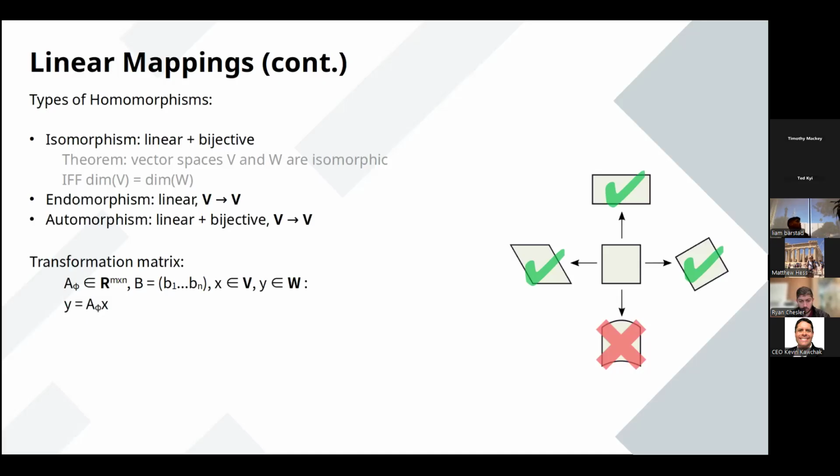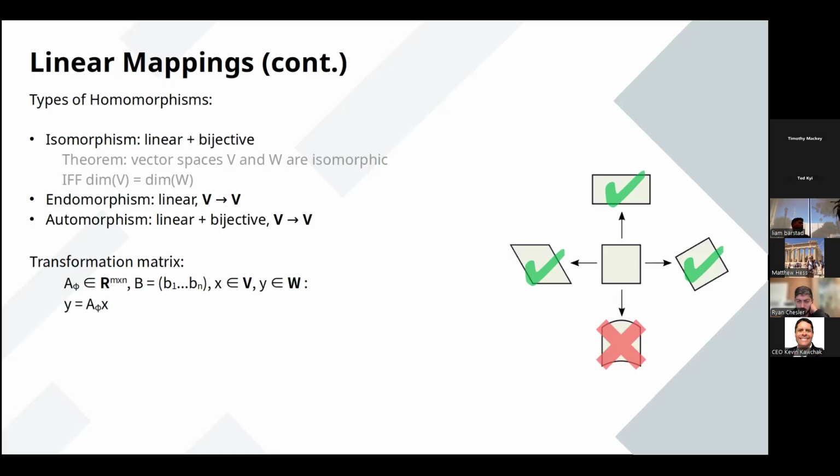The transformation itself, we can talk about in terms of the transformation matrix, which we refer to as A with that Greek character there. That's how they refer to it in the book.